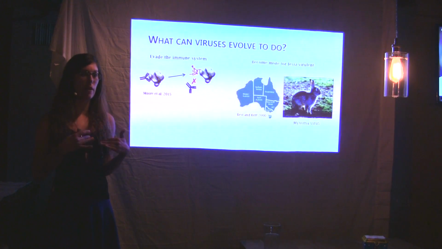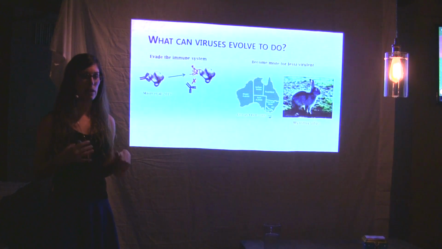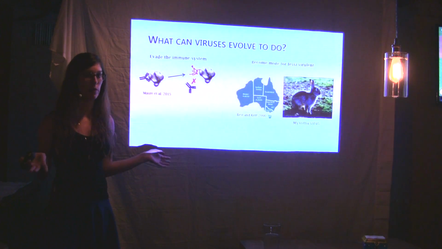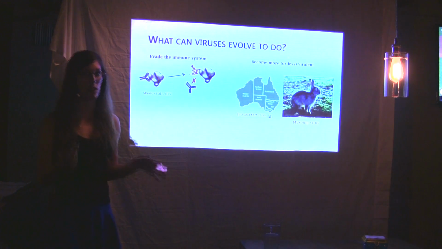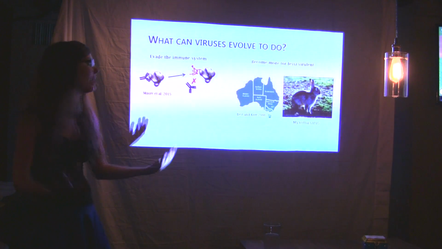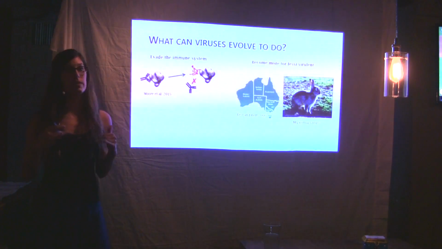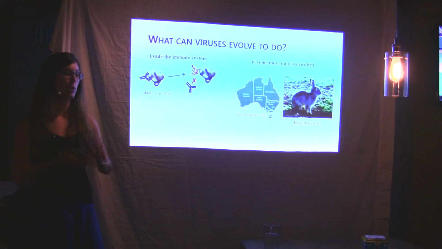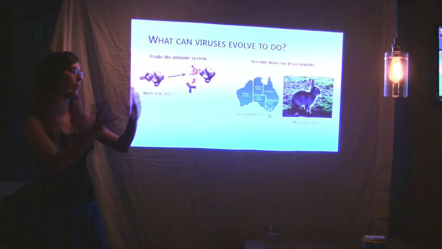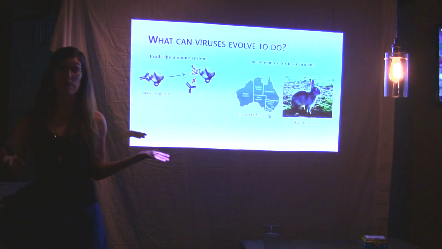From the virus's perspective, it's not beneficial to immediately kill the host you are living in. You want it to at least transmit before you kill it. So the virus became less deadly, and they came back to a lot of rabbits and a lot of viruses that don't kill those rabbits.